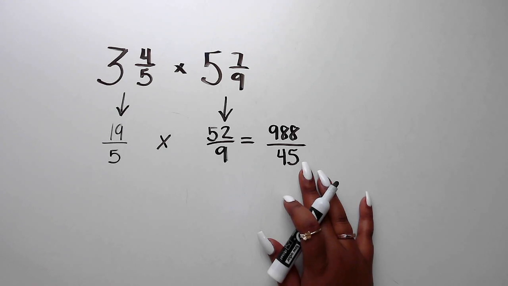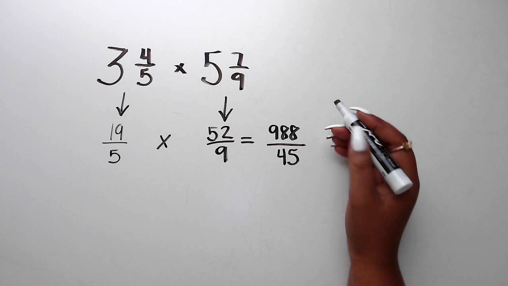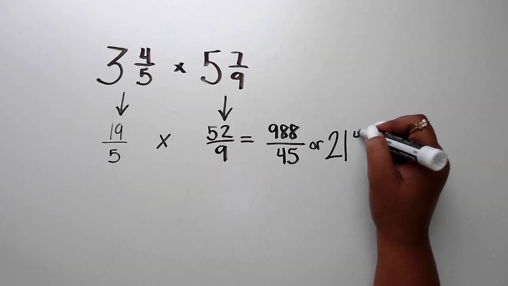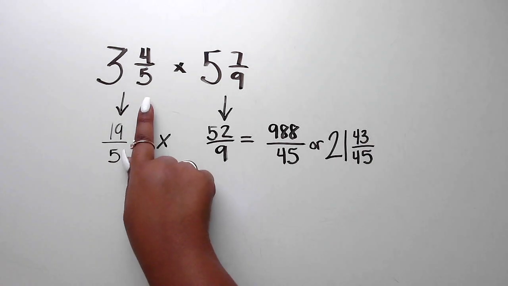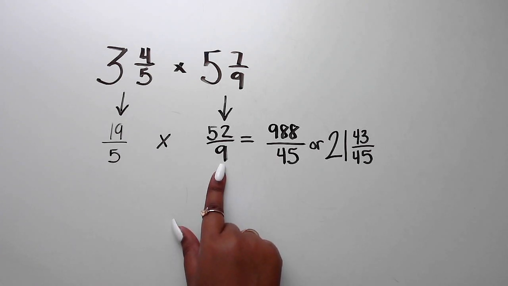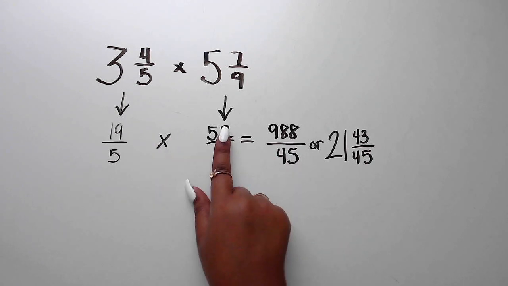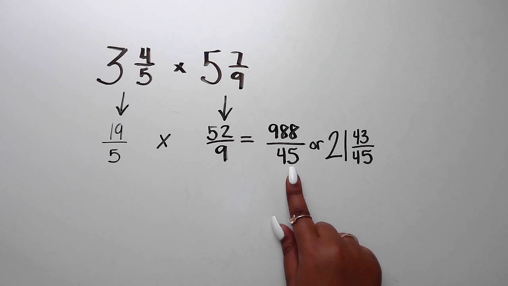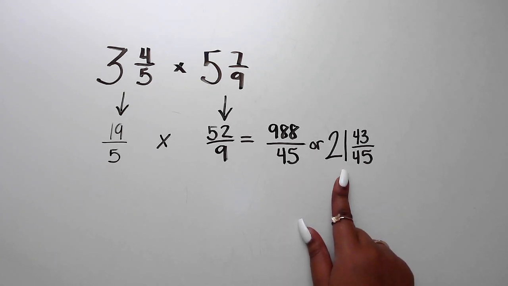If you would like to convert it back to a mixed number, you divide the numerator by the denominator and you get 21 and 43/45. So with this strategy, you took both mixed numbers and converted them both to fractions greater than 1, multiplied them across, numerator times numerator, denominator times denominator, got a product that's a fraction greater than 1, then converted it back to a mixed number.